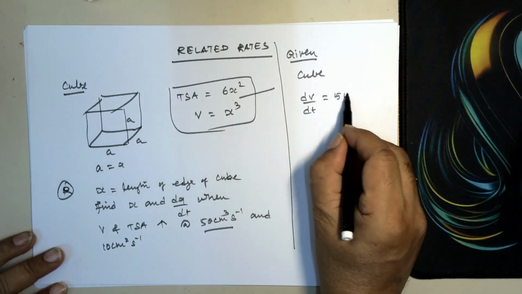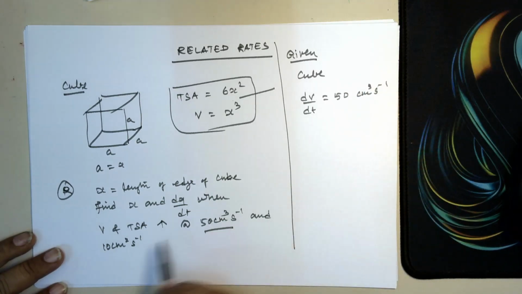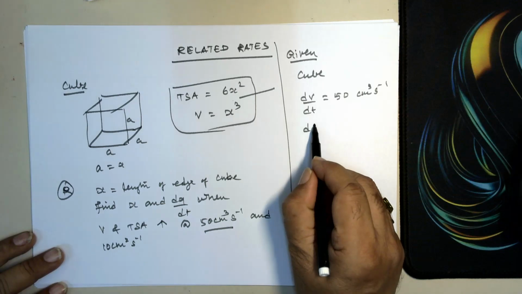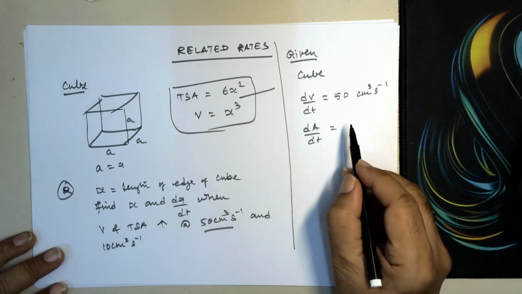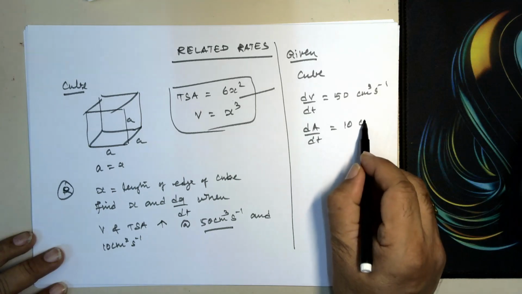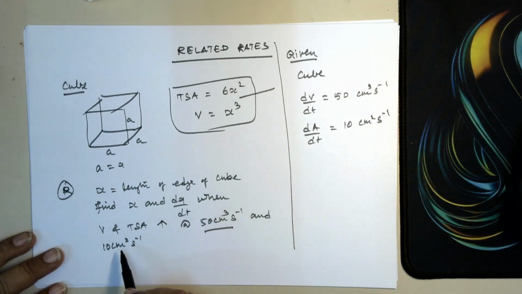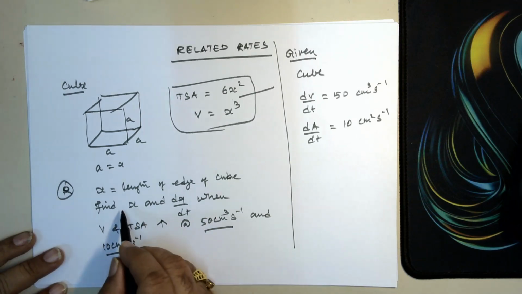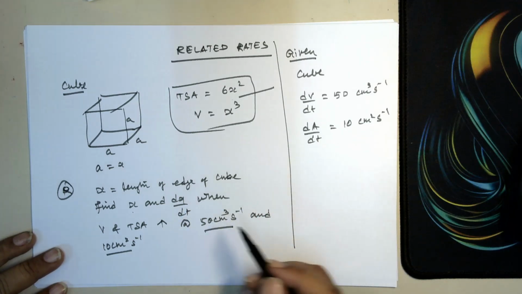So 50 cubic centimeter per second. And area, so you can put dA by dt, area changing. Both of them are increasing. So 10 centimeter square per second. So these two values are given. And then we need to find out x and dx by dt based on this.